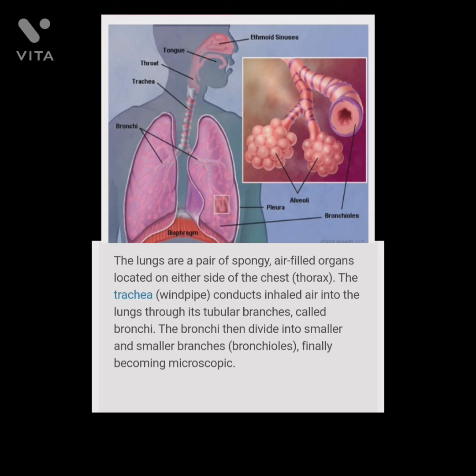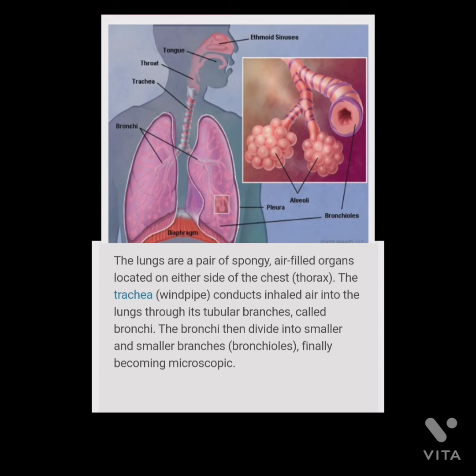The bronchi are then divided into smaller and smaller branches called bronchioles, finally becoming microscopic. We cannot see the bronchioles with the naked eye; we can see them only through a microscope. They become so small in size, and through them air is passed into our lungs.